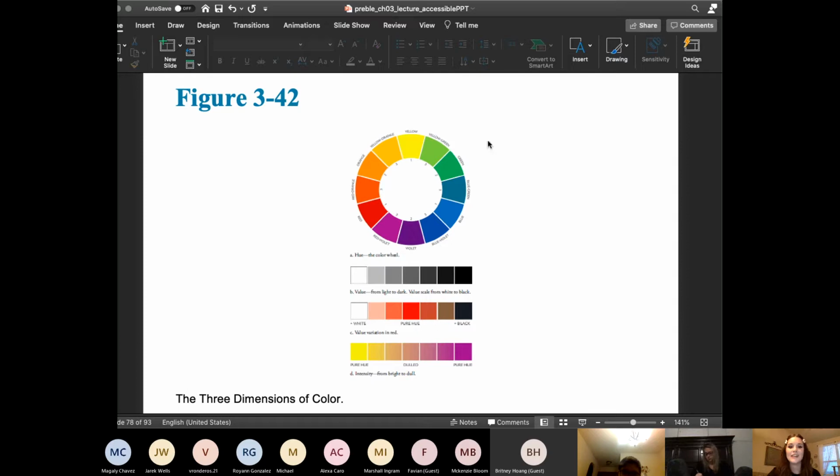They are complementary colors. Also, colors that are next to each other and touching on the color wheel also go well together. So here you see violet and blue-violet are next to each other. They go well together.